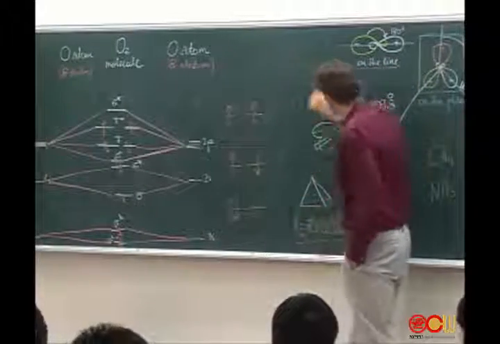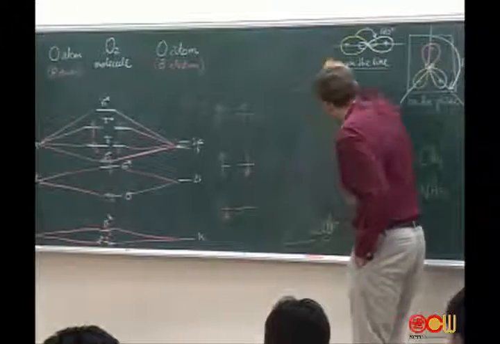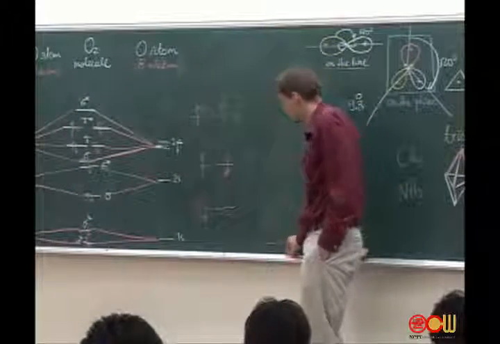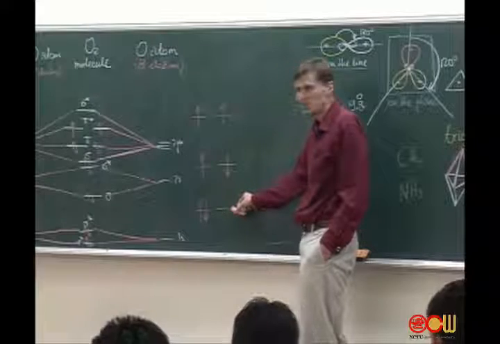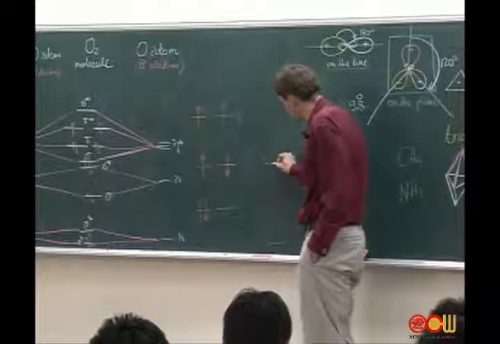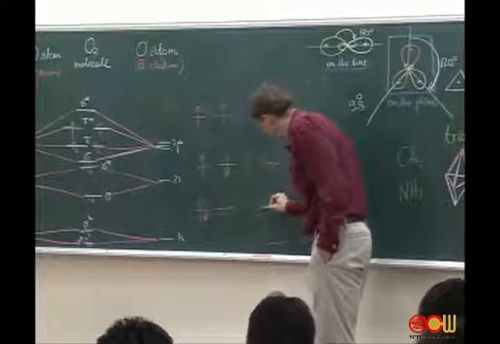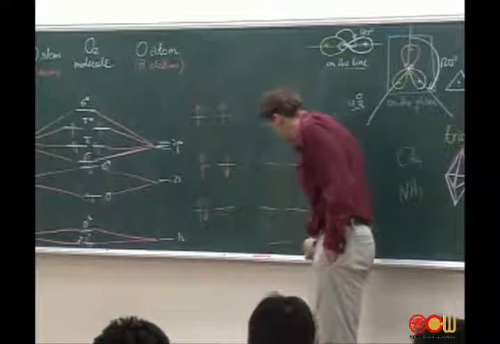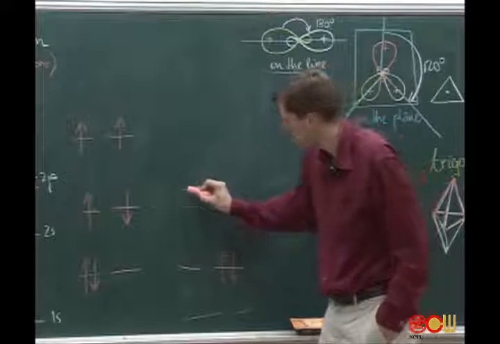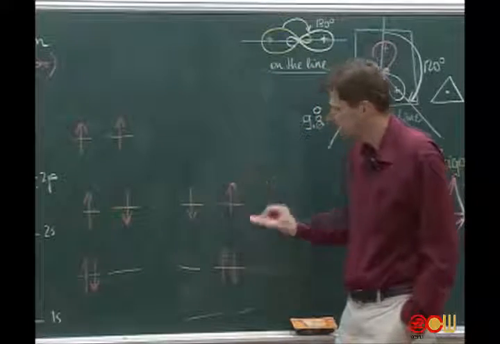now turns out that this possibility and this possibility are not symmetric enough. So you have to consider also this version and also this version. Right?